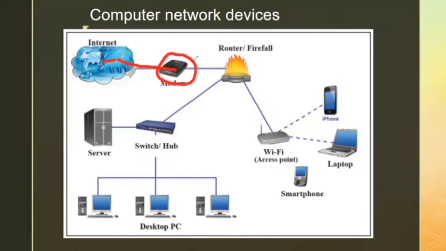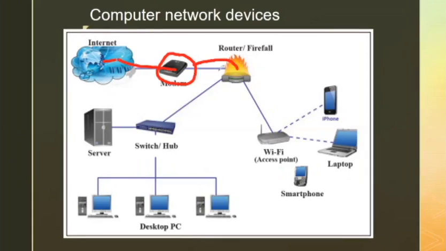Then these signals come to the router or firewall. Most routers have a built-in firewall facility. They are the same in function, but they are two separate pieces of equipment. The new routers have built-in firewalls.